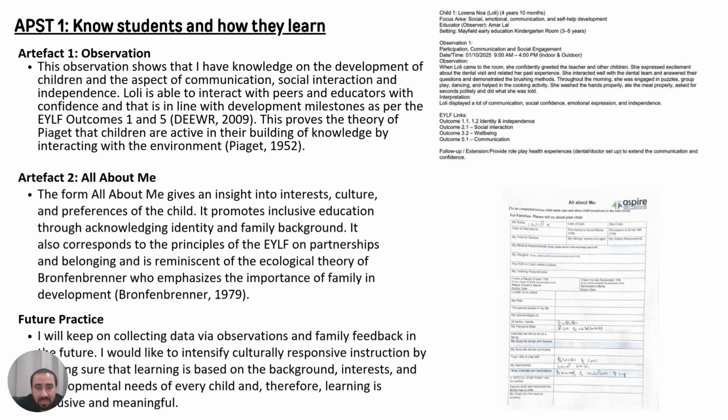This standard is based on a comparison of children's learning. The first artifact is an observation of a child that I did on my previous placement, which shows her communication, independence and social skills. This is in line with EYLF outcomes 1 and 5 and it reflects the theory by Piaget that children learn through interaction. The second artifact is a form giving me the background and interests of the child.